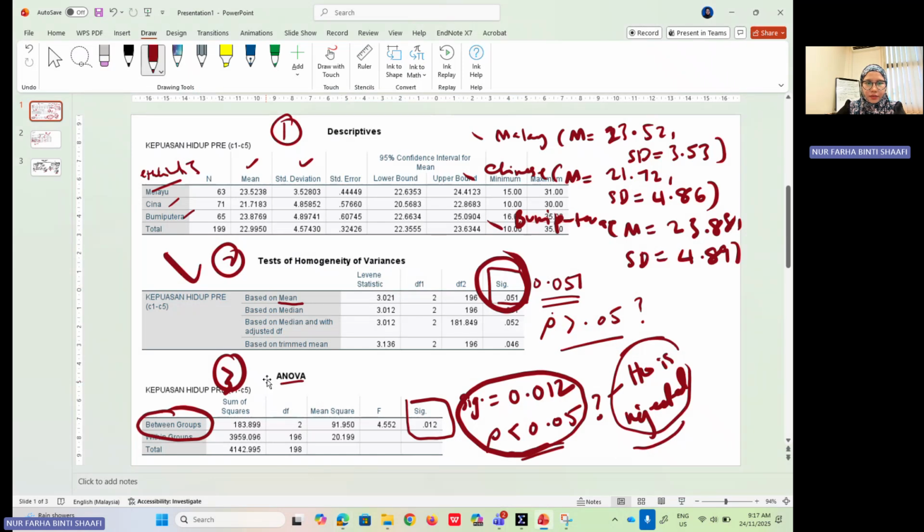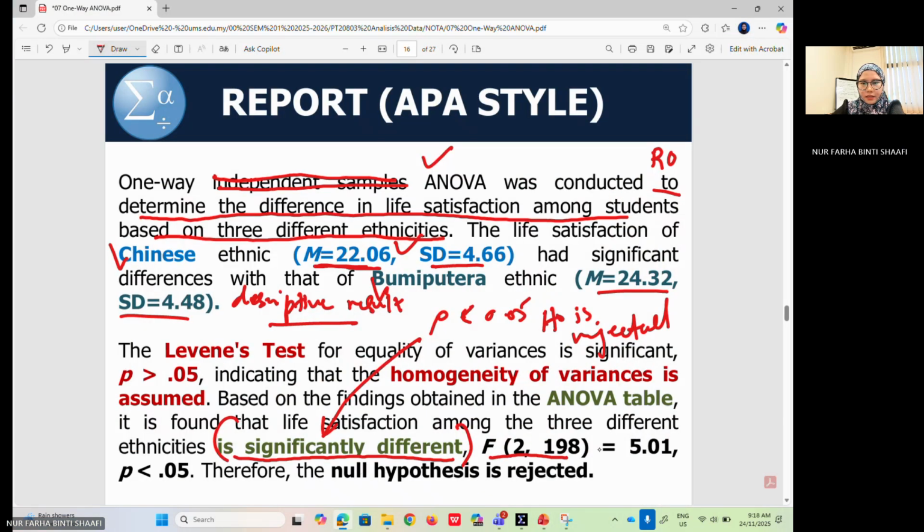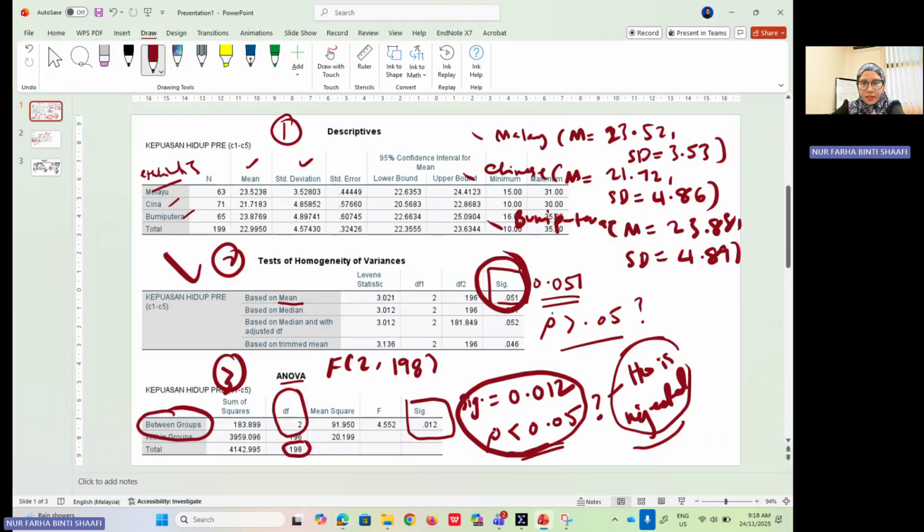Here, F(2, 198): 2 is the degree of freedom, and 198, the total, 198, and then equals 5.01. Okay, 5.01, where does it come from? 5.01 comes from here.